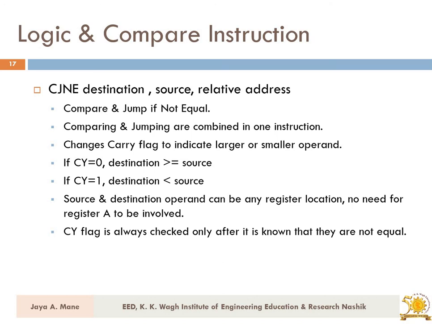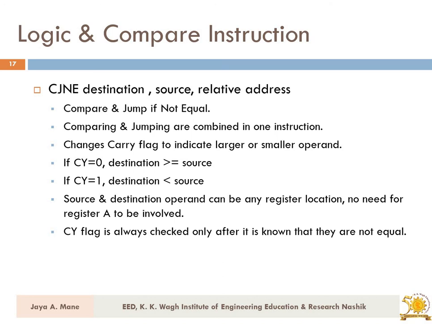So when you need to perform such a job, you need a comparison, and for that we have a compare instruction, and after comparison we conclude some result. Here, when you are comparing two numbers and they are not equal, you have to jump to an address, and whatever job has to be performed will be defined at that address. This is the instruction CJNE.